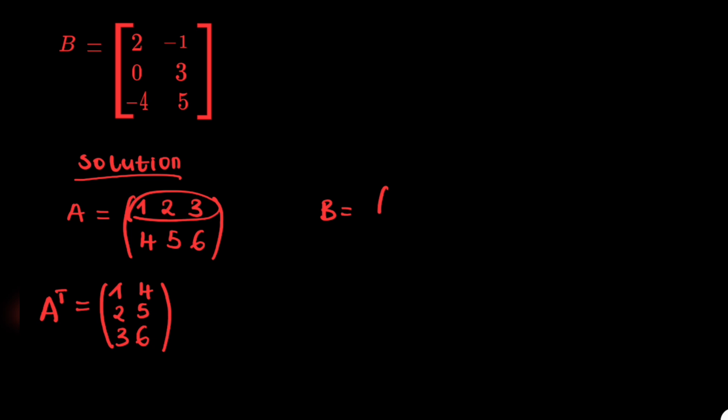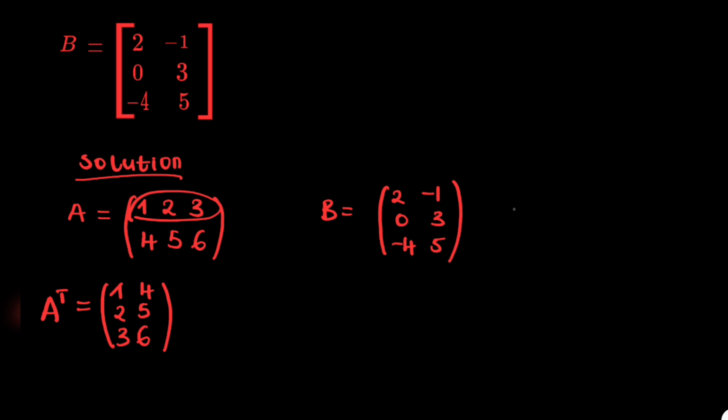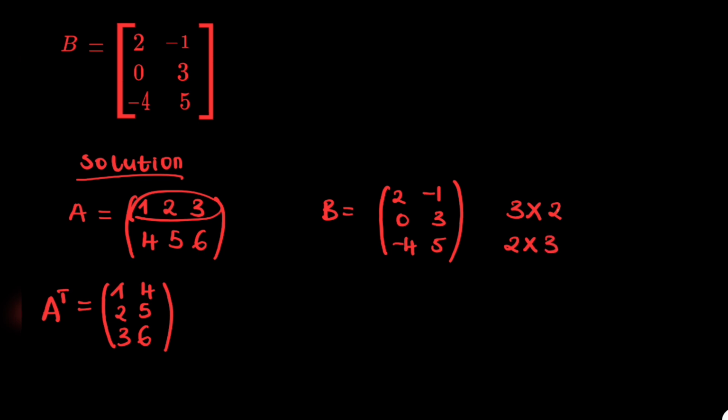B now is 2, minus 1, 0, 3, minus 4, 5. So this is a 3 by 2 matrix. When we find the transpose, it is basically the reverse, so we have to have a 2 by 3 matrix.